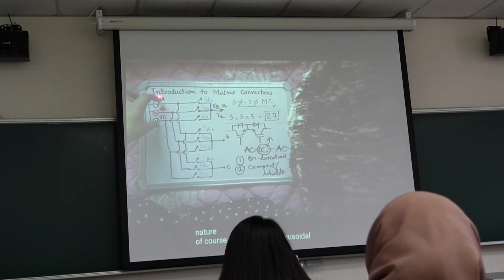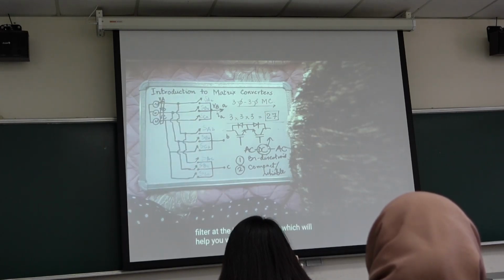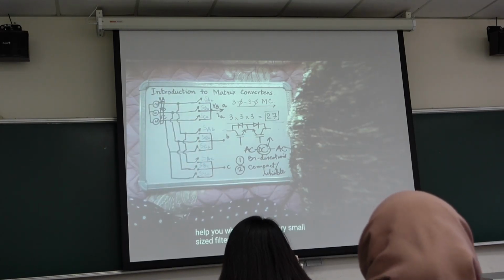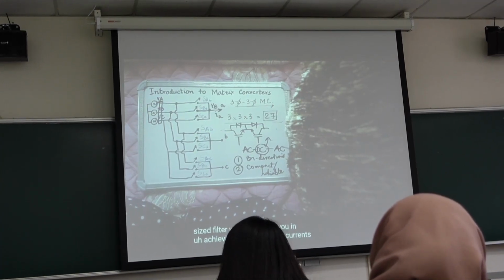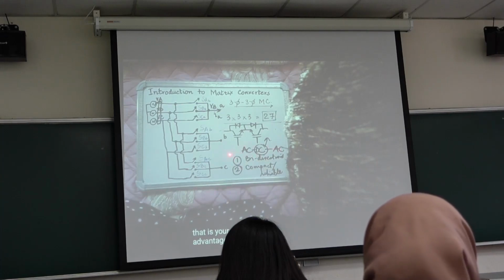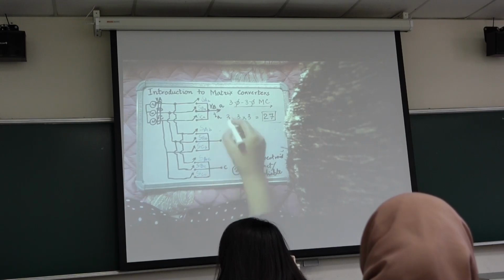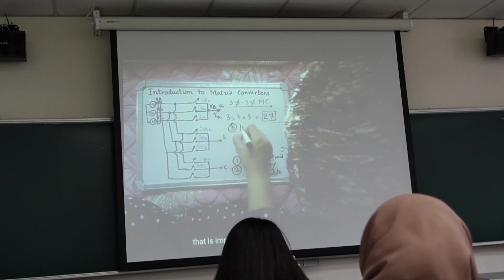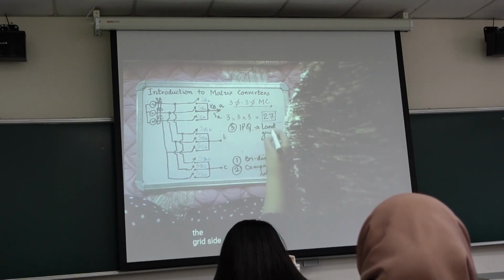Of course, here you will need a small filter at the input, which will help you obtain sinusoidal grid currents, a sinusoidal voltage and a sinusoidal current. But for the AC-DC-AC converter, we cannot get a good sinusoidal current. That is improved power quality. So the input power quality is very good on the low side as well as the high side.